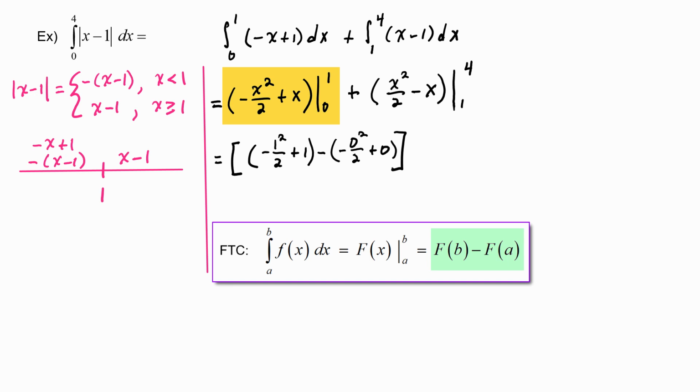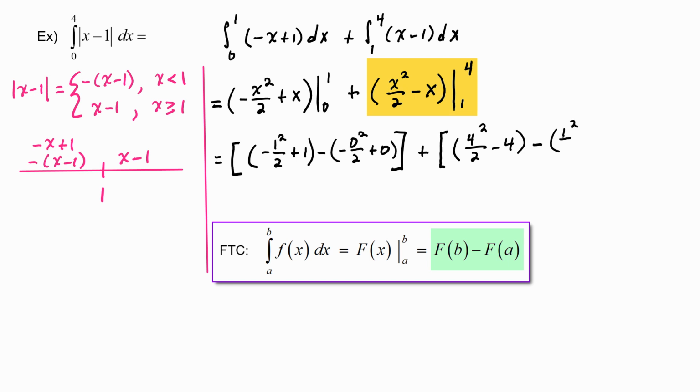That's applying the second part of the fundamental theorem of calculus to this expression. Now we have this plus sign that we bring down. And now we have to do f at b minus f at a on this expression. So we would have 4 squared over 2 minus 4 minus 1 squared over 2 minus 1.